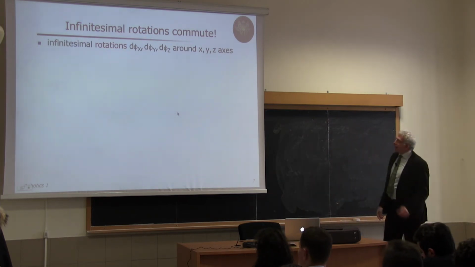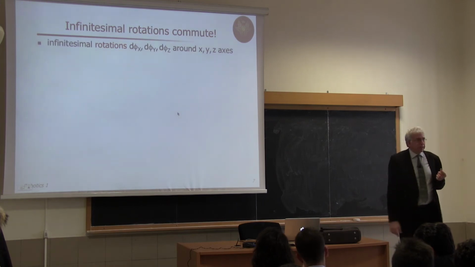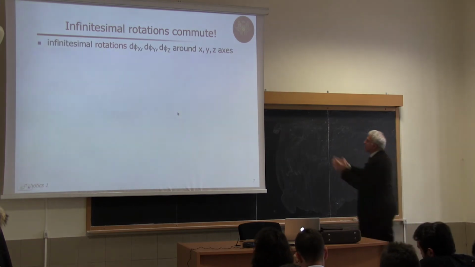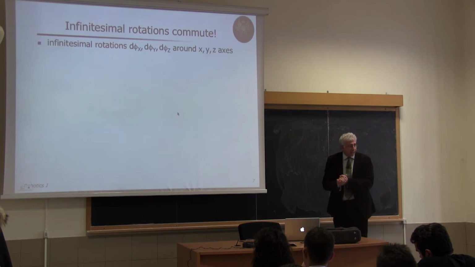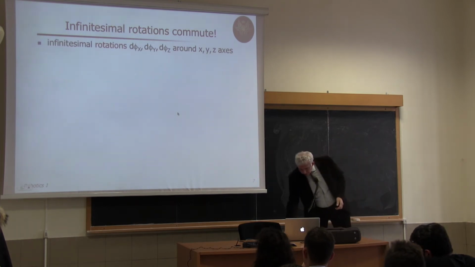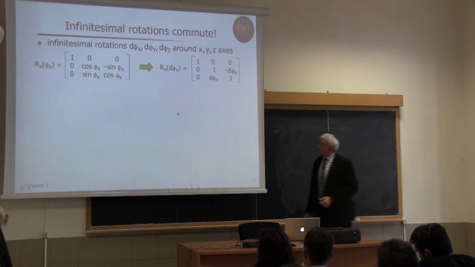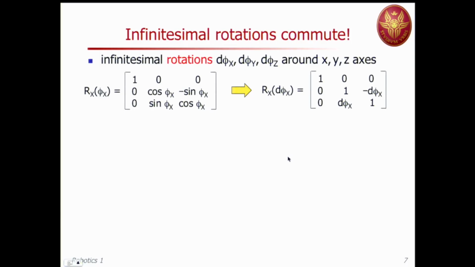Okay? So what does it mean that I'm doing infinitesimal rotation? And I'm taking elementary rotation around the 3 axes x, y, z. So if I'm making a rotation by a finite angle phi x, a scalar, around the x-axis, I know that the rotation matrix has this form. Okay?